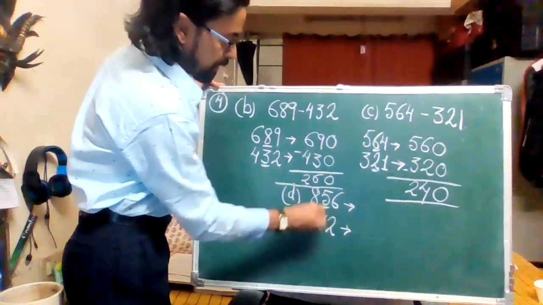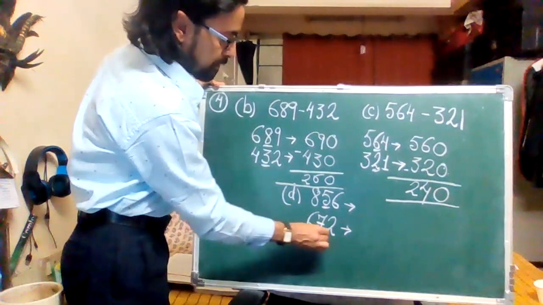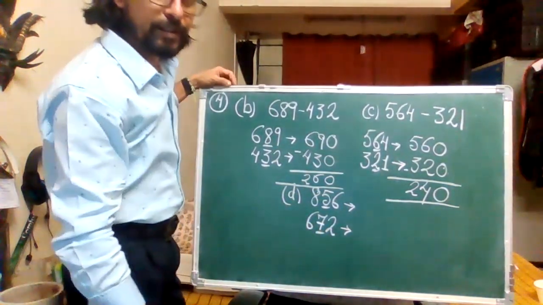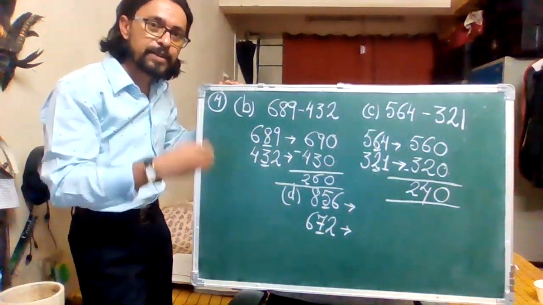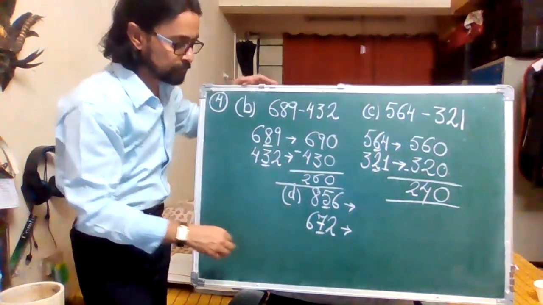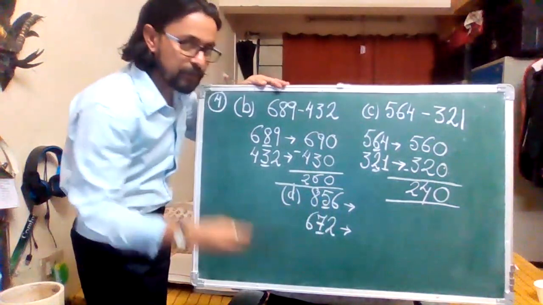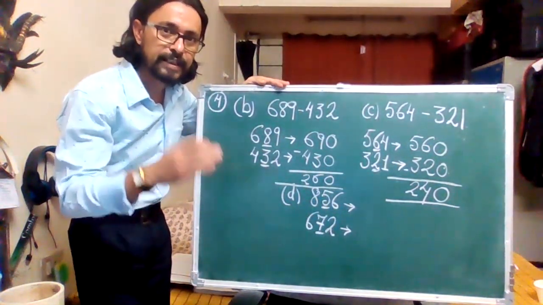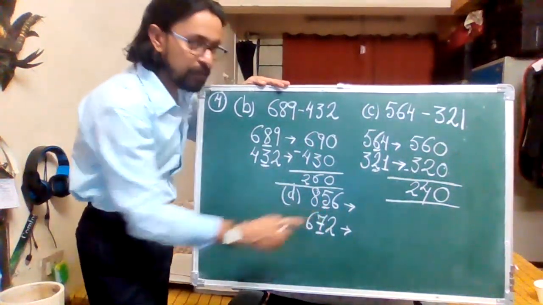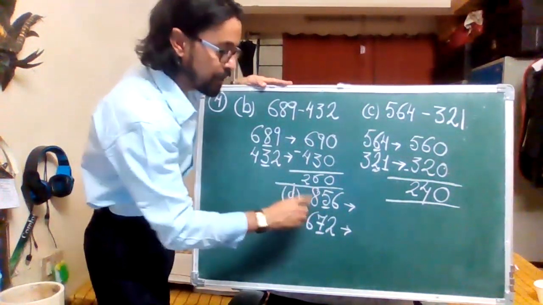Again, I underline my tens digits and I look at the digit that comes after the tens place value. After 5 is 6. It falls in the second category, from 5, 6, 7, 8, and 9. So this 5 will increase by 1. 8 will remain 8.